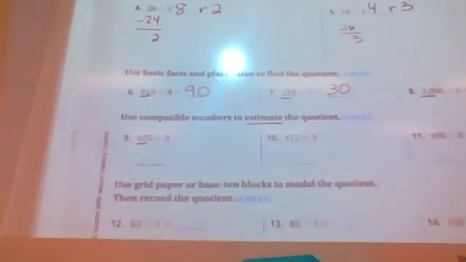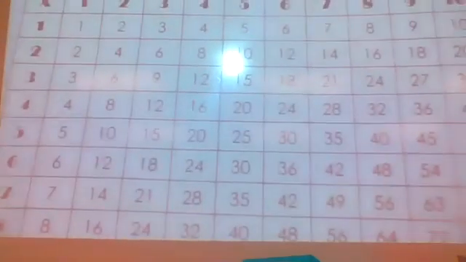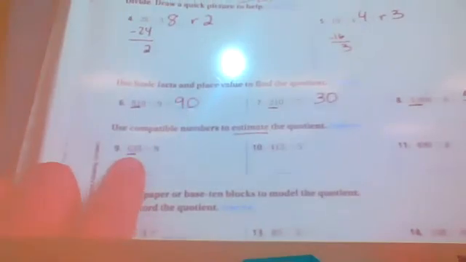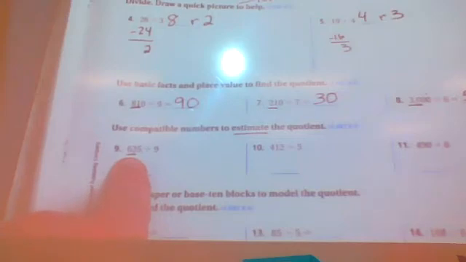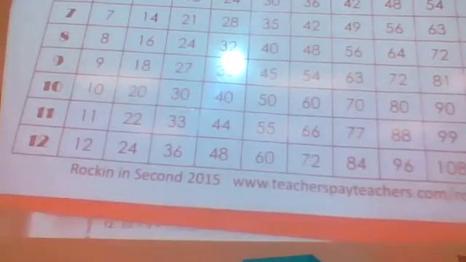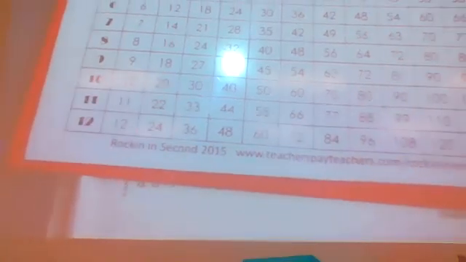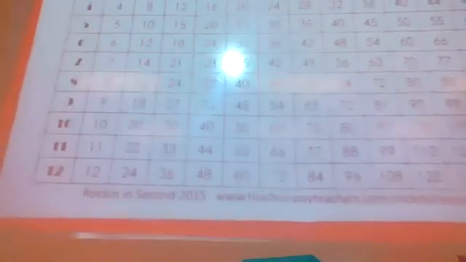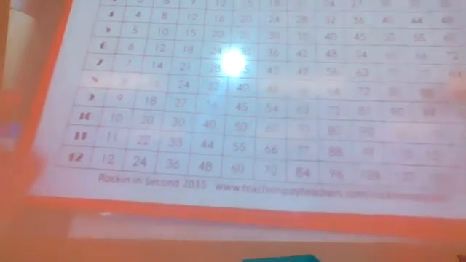So let's look at 9. The number is 63. I pulled out the first 2 digits. So let's find a number with the 9 row that's the closest to 63. Pan out just a minute.